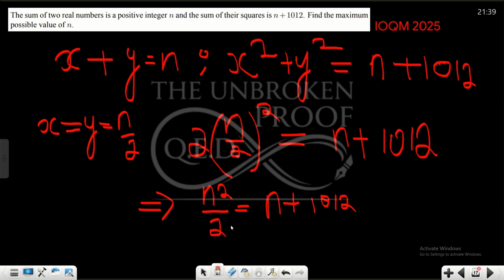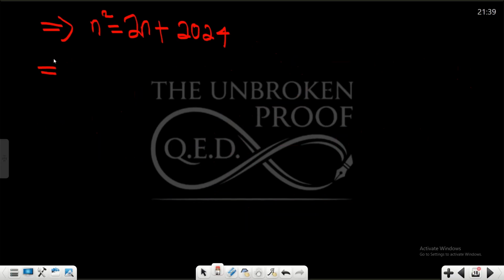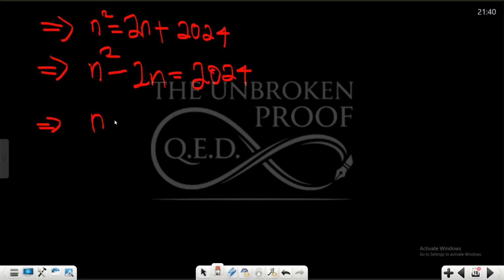Because here you will get 2, here also you will get 2, and if we keep 2n in left hand side, then we will get n square minus 2n is equal to 2024.